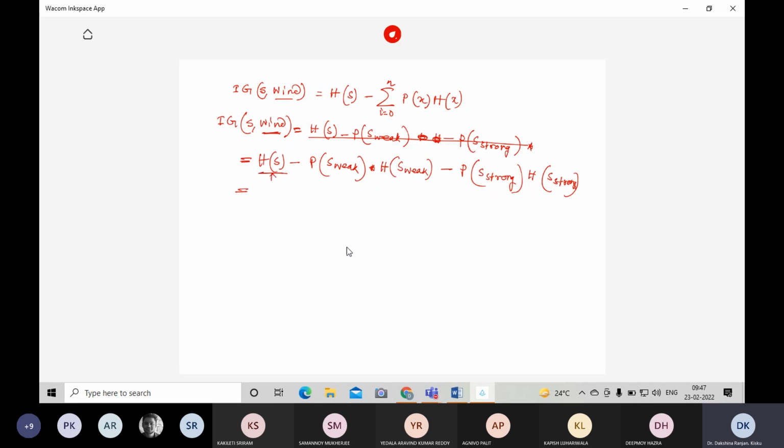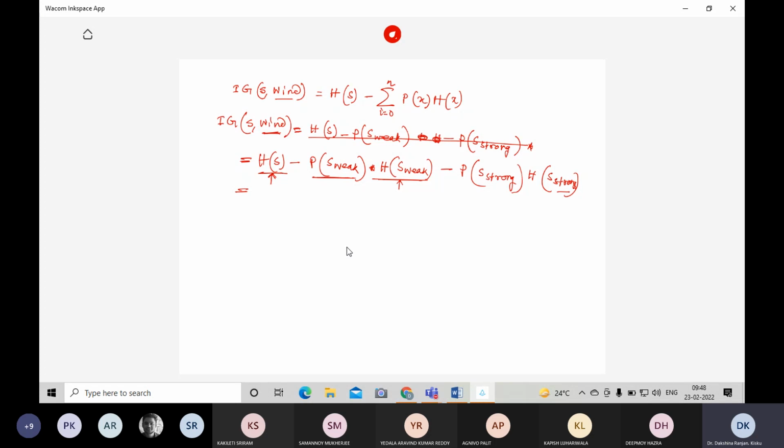You have already computed this entropy value over the entire data set, and then you have computed the probability of having weak values, and then you have computed the entropy over these weak values. And this will be added with the probability of having strong values, which is multiplied with the entropy over these strong values. Okay, so this will give us the information gain.